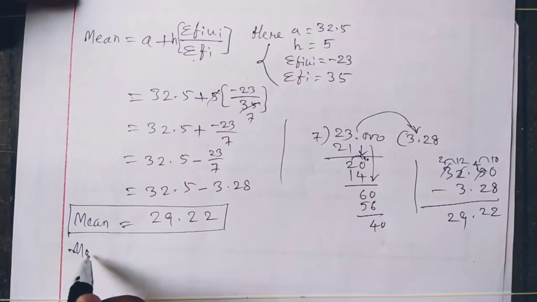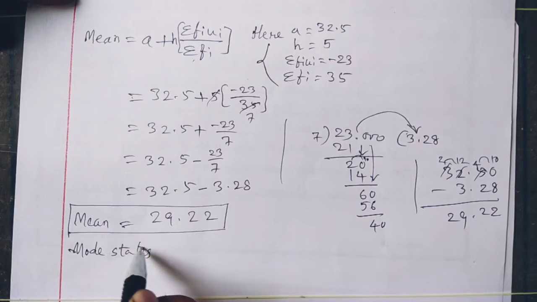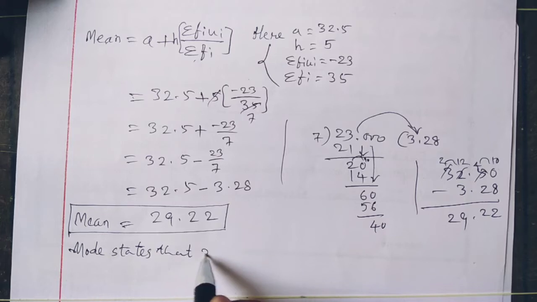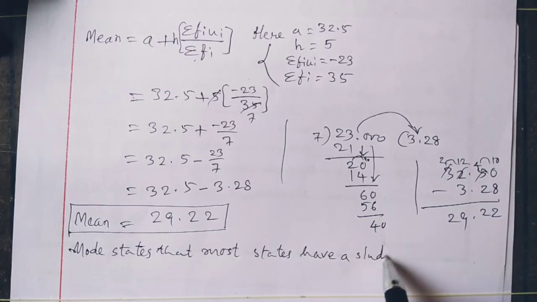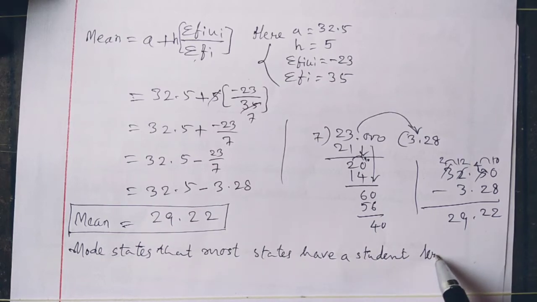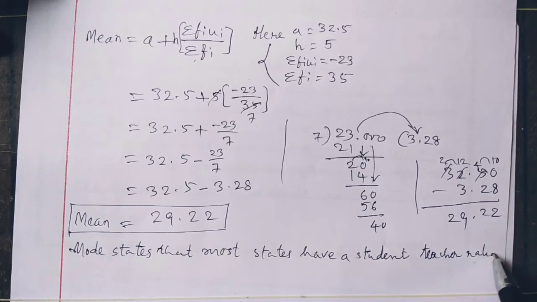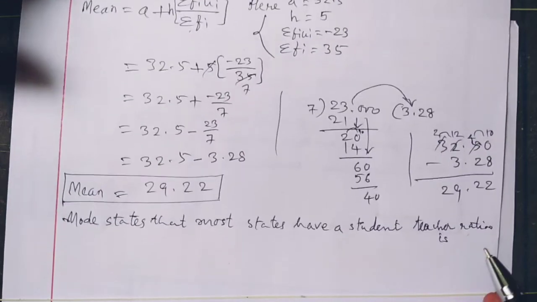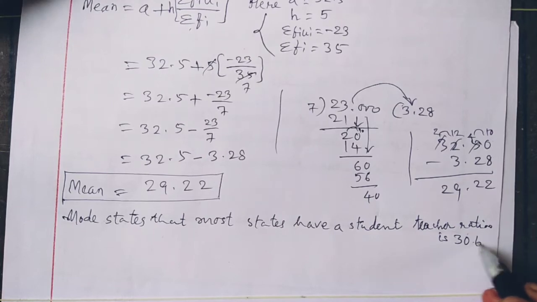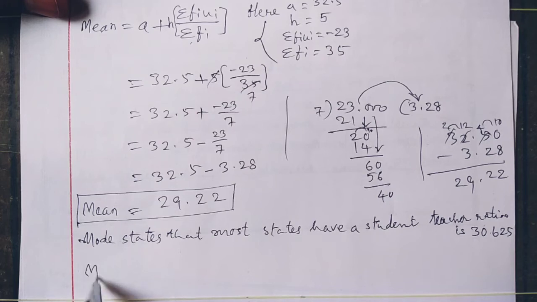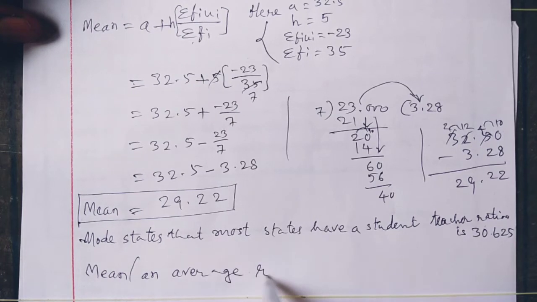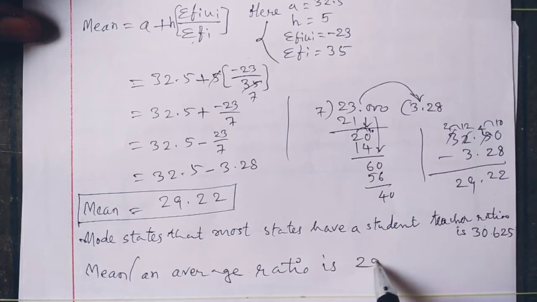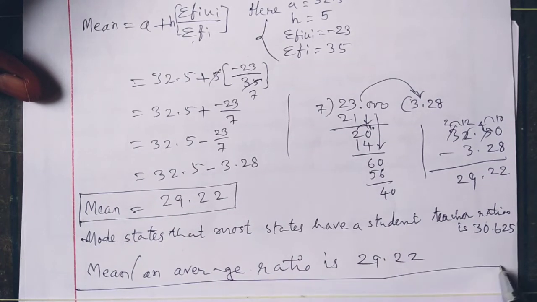Mode states that most states have a student teacher ratio of 30.625, and mean states that on average the ratio is 29.22. This is the interpretation of this problem.